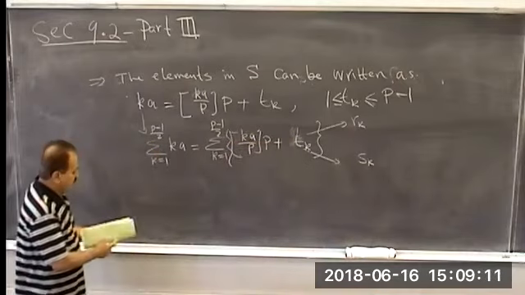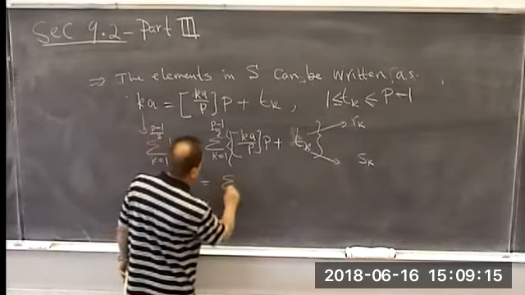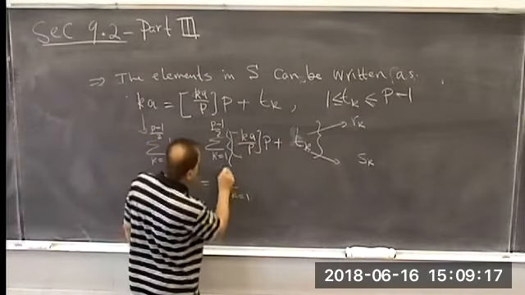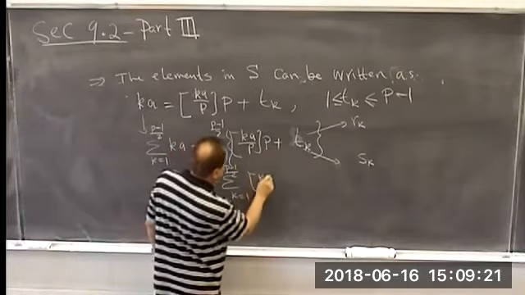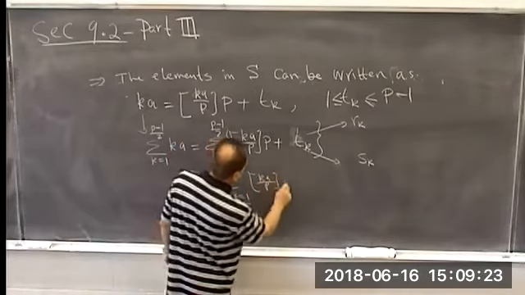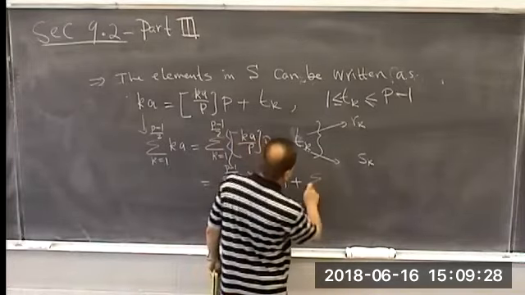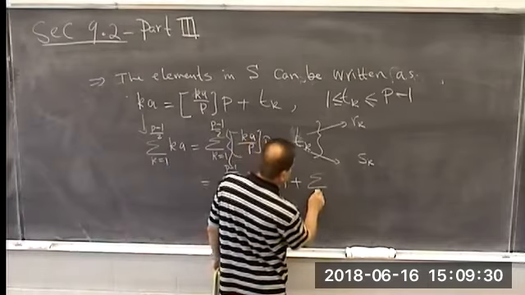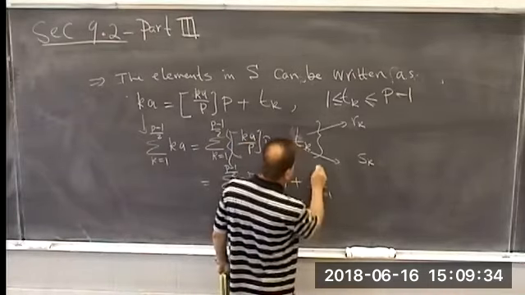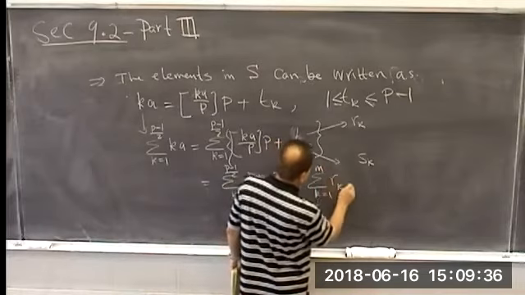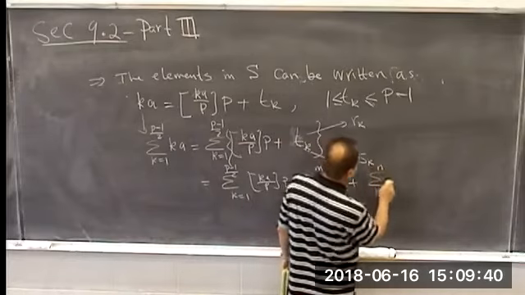So this altogether is equal to the summation, k equal 1 to (p minus 1) over 2, of ka over p, plus the separated summation, where this one is k equal 1 to m, and this one is k equal 1 up to n of S sub k.